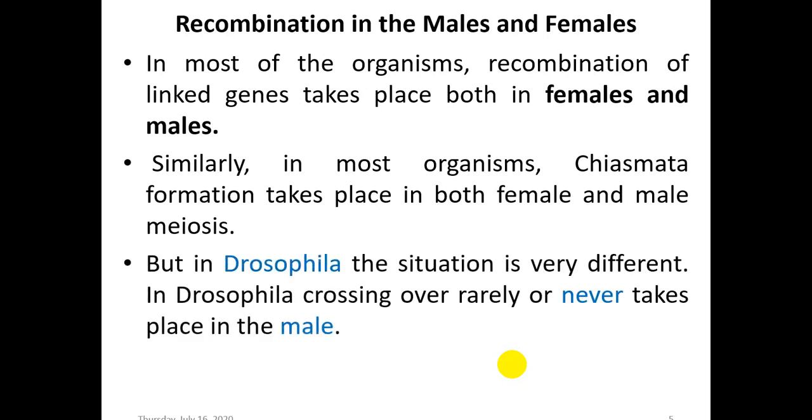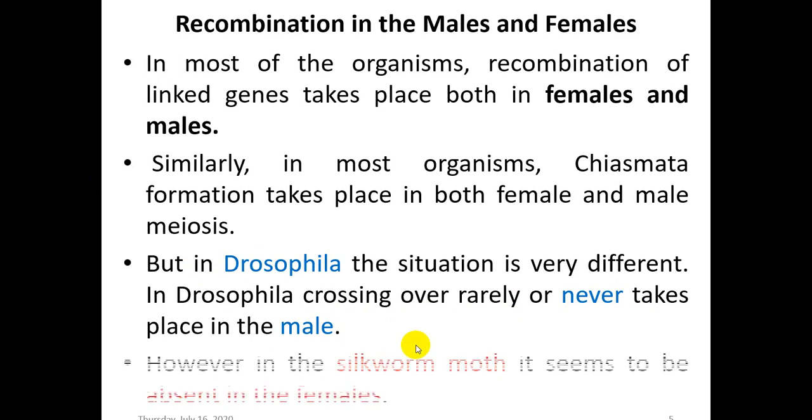However, Drosophila, the fly, house fly, never in the male. They said rarely or never, so for simplicity we say in Drosophila the male is immune from this, only the female has it. In silkworm moth it seems to be absent in the female.